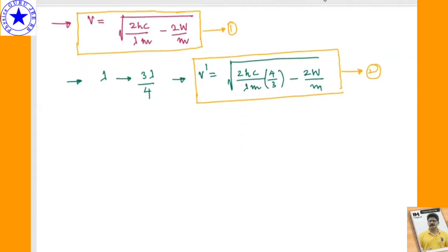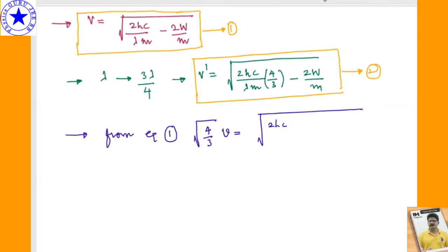Next, proceeding from equation 1, we can write under root of 4 by 3 v equals under root of 2hc by lambda m into 4 by 3 minus 2W divided by m into 4 by 3.